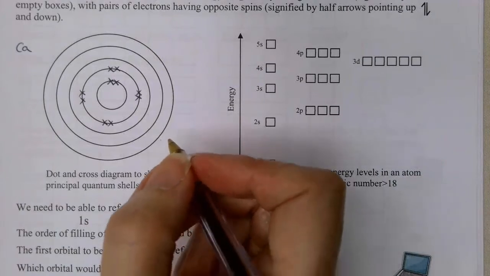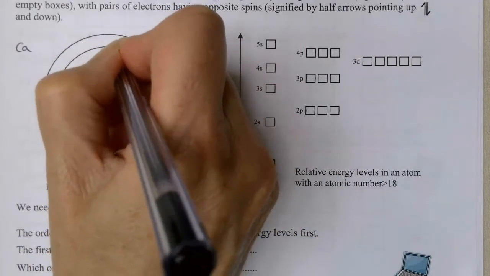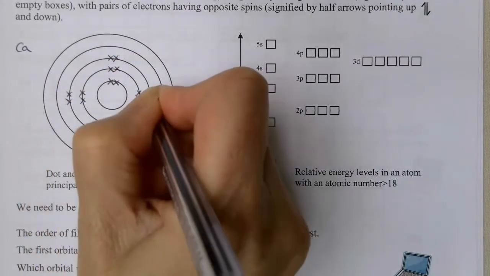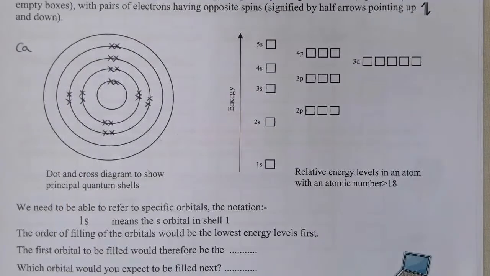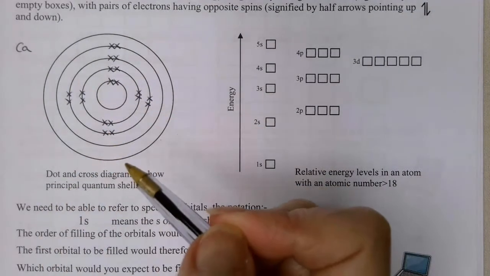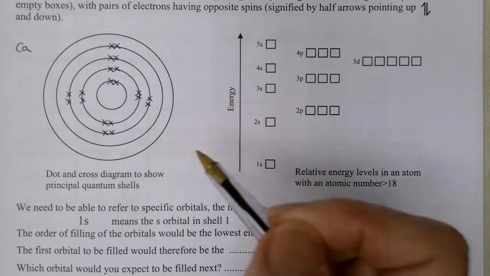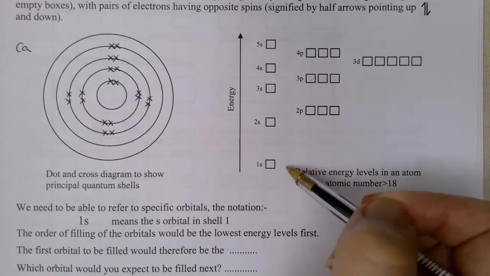So I've got 2 in the first, 8 in the second, 8 again in the third, and then 2 in my fourth principal quantum shell. The circles in a dot cross diagram represent the principal quantum shells. We're going to look at how that relates to our orbitals and our subshells.